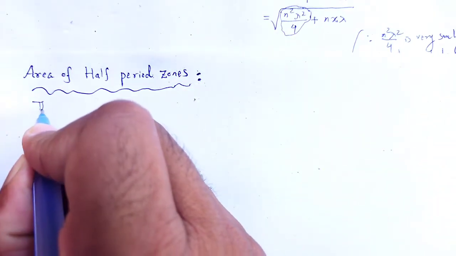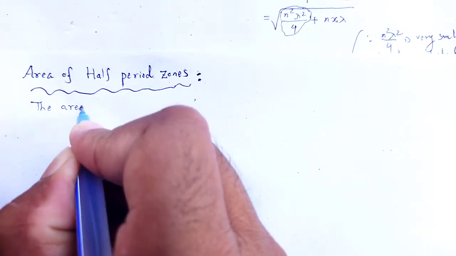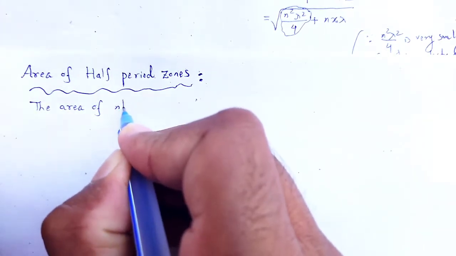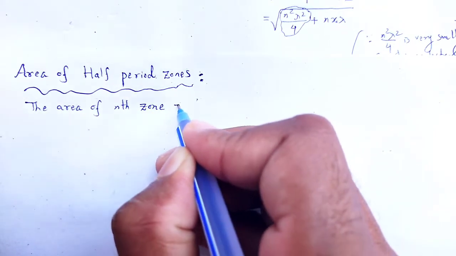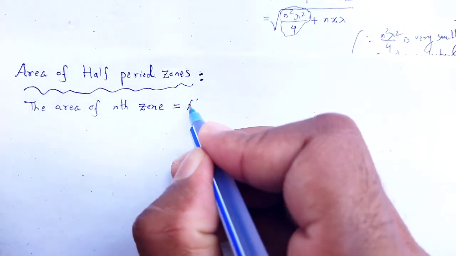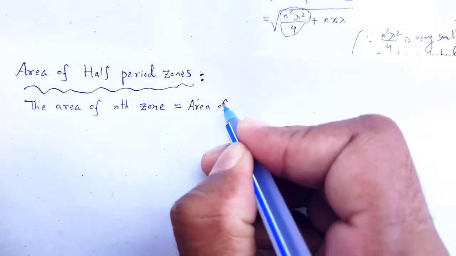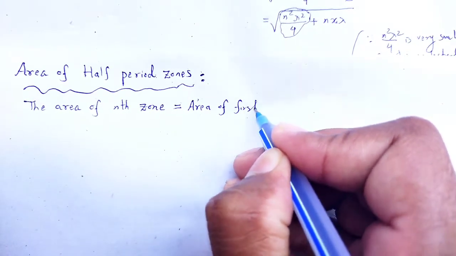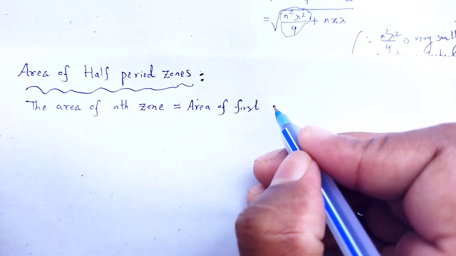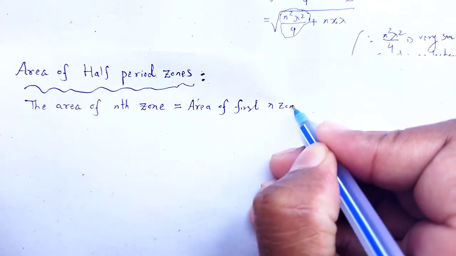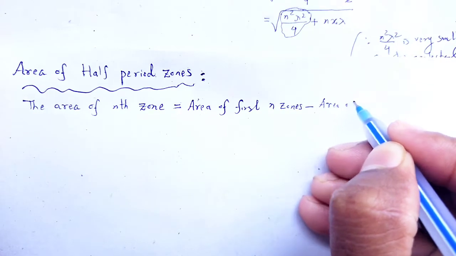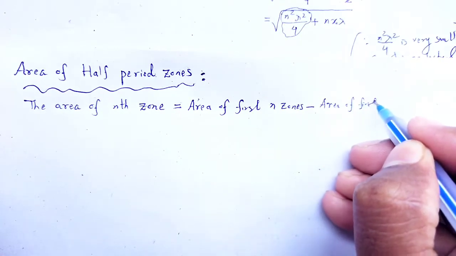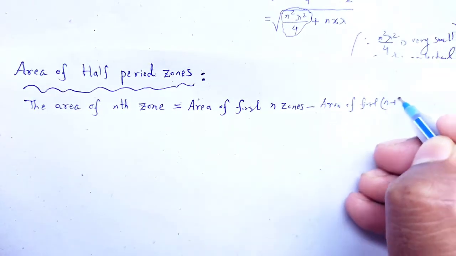The area of nth zone is equal to area of first n zones minus area of first n minus 1 zones.